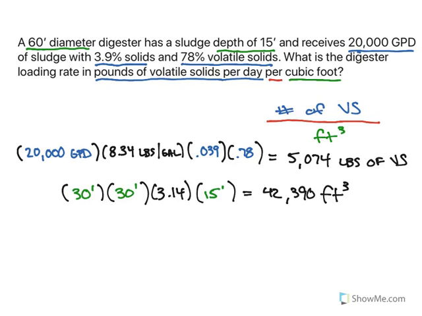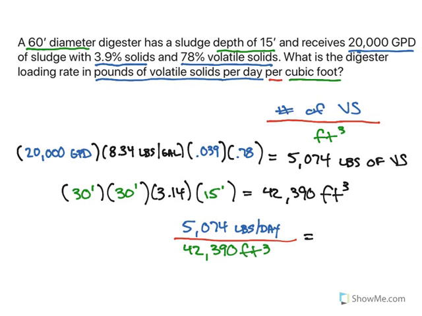And now we can do our final division problem to get pounds per day per cubic foot. So 5,074 pounds per day per, or divided by, 42,390 cubic feet.